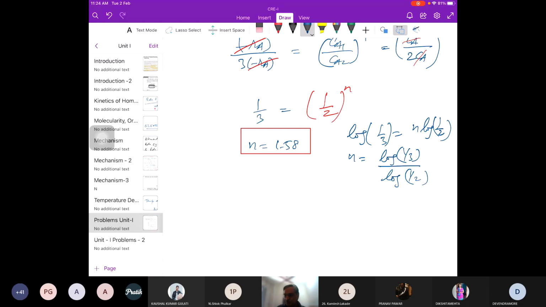ठीक है, किसी कोई क्वेश्चन है, डाउट है इसके ऊपर? Sir, the concentration of B also should be included in the rate equation. Not necessary. We'll see the rate equation later. यहाँ पर सिर्फ हमको दिया है कि इनिशियल कॉन्सेंट्रेशन डबल, ऐसा नहीं बोला कि 2 रिएक्टेंट है.